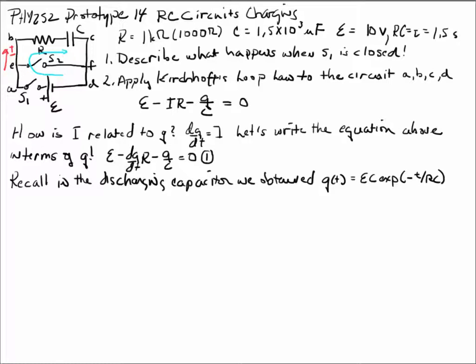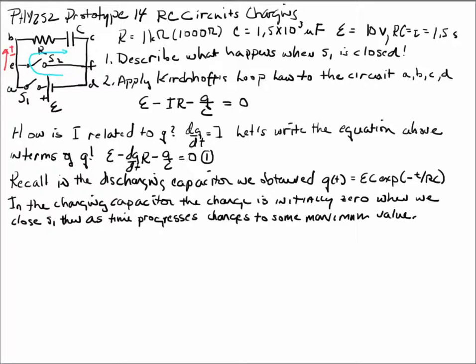Now let's recall that when we looked at the discharging capacitor, we obtained Q of t equal to EMF times the capacitance, which is the maximum charge, times the exponential of minus t over RC. In the charging capacitor, the charge is initially 0 when we close S1.